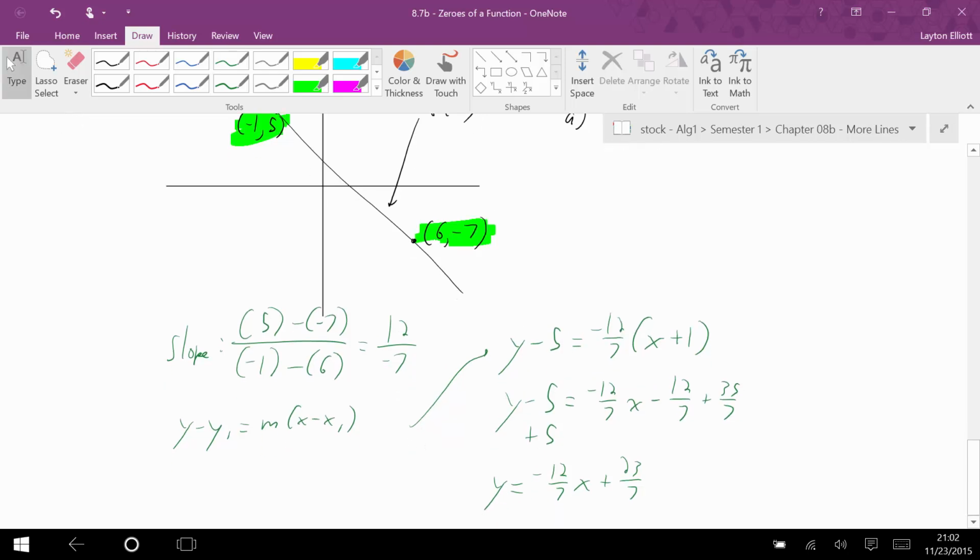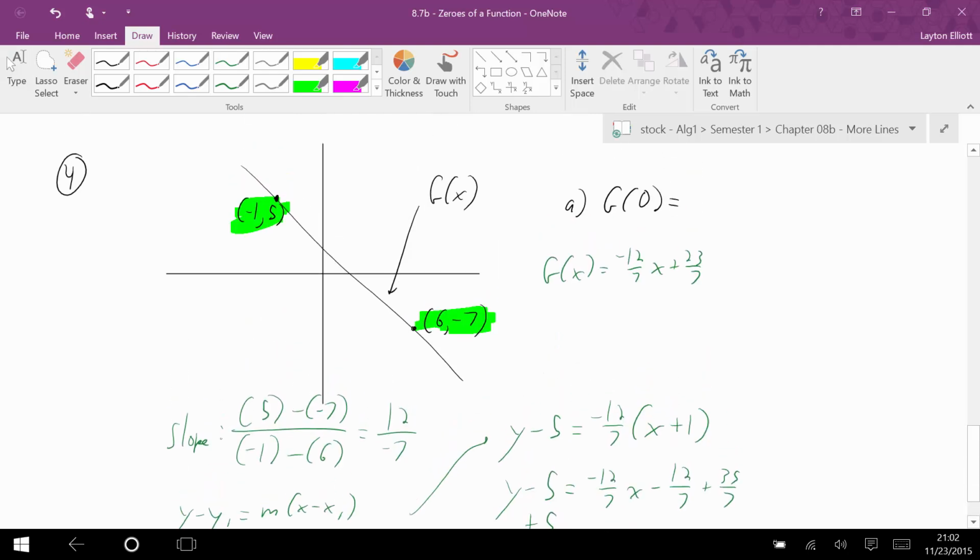So now I know that my equation, this capital G of x, is equal to negative 12 sevenths x plus 23 sevenths. That's not very pretty. But notice what happens if I plug 0 in for x. I'm going to get 23 sevenths out. Negative 12 sevenths times 0 plus 23 sevenths is 23 sevenths. So that gets spit out.